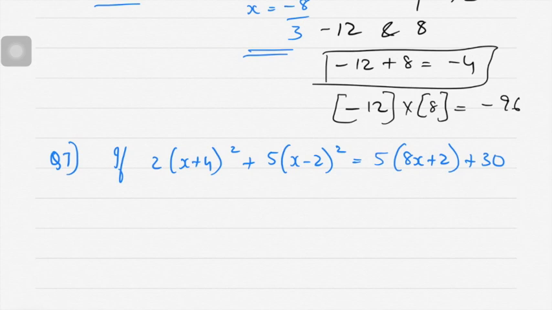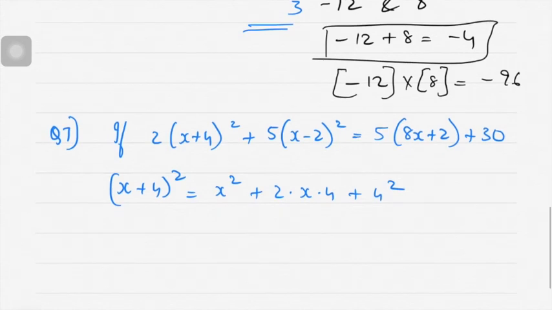This was the question. We have already solved it, but using the factorization method also you can solve. I think this would be the better idea, to solve using the factorization method. So now, (x plus 4) the whole square, the formula is x square plus 2 into x into 4 plus 4 square. Correct?